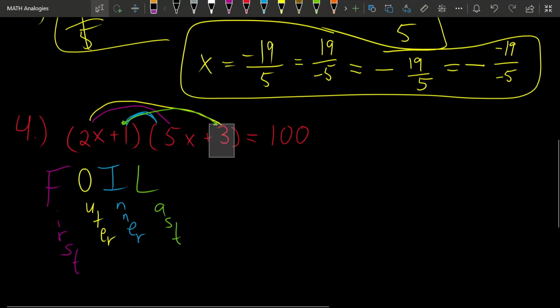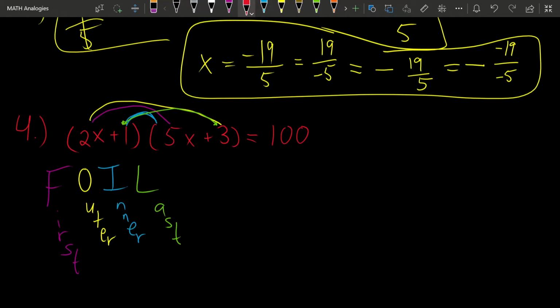Now the 3 needs to get multiplied by the 2x and the 1. It gets multiplied by the 2x with the yellow line, the outer, and the 3 gets multiplied by the 1 with the green line, the last. All right, so nothing too terribly complicated.